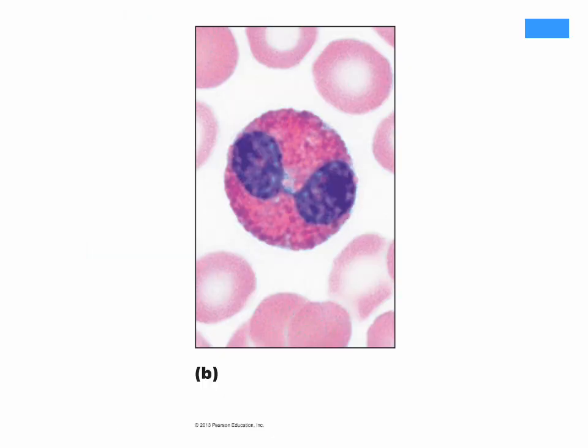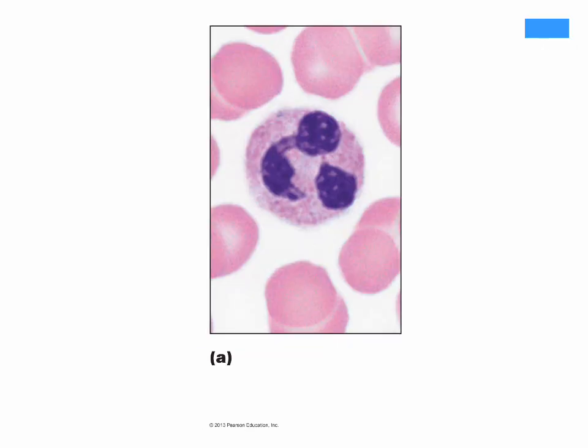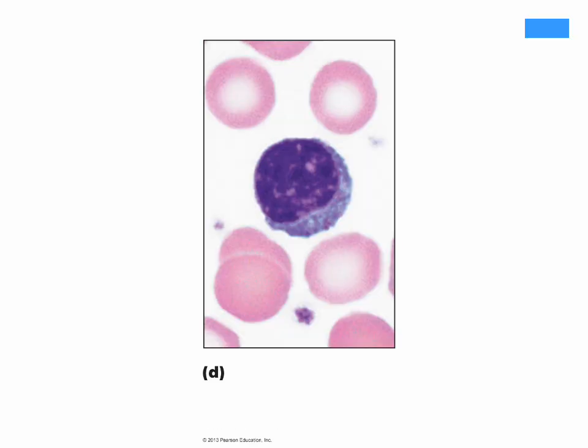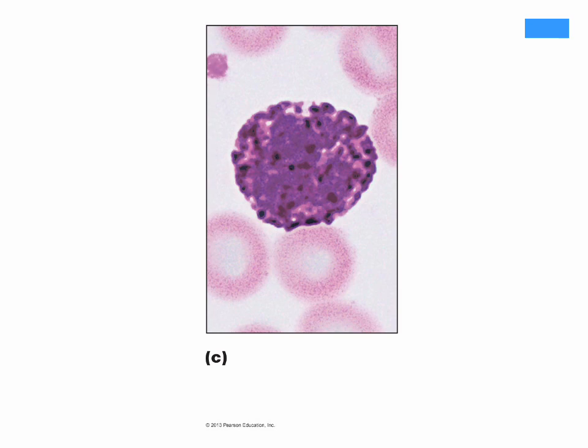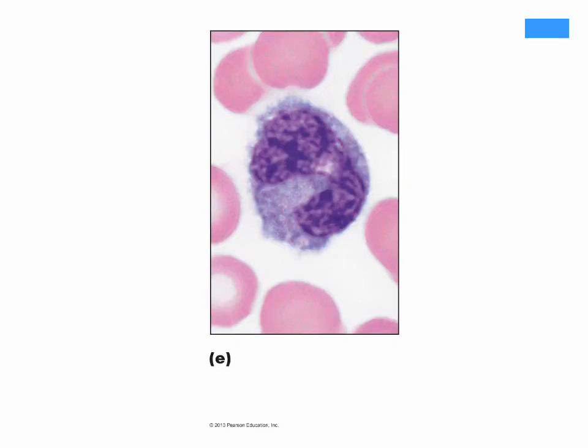This is an eosinophil, crimson in color, Spider-Man shaped nuclei. Neutrophil, chain nuclei. Lymphocyte, big nucleus. Basophil, bunch of granules. Monocyte, kidney-shaped nucleus, big boy.